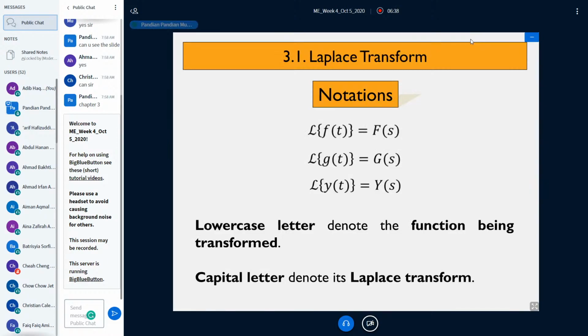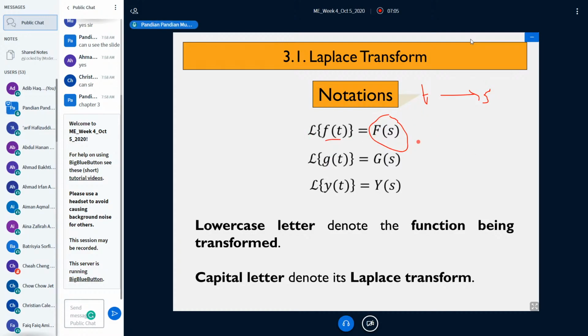But there is a notation before we find it: lowercase and uppercase. For the Laplace transform of small f(t), the output is big F(s). As I said, from the t domain, we move on to the s domain. That is the meaning: t domain to s domain, t to s. So the Laplace transform of f(t) is F(s).